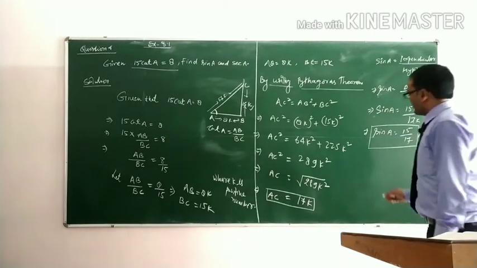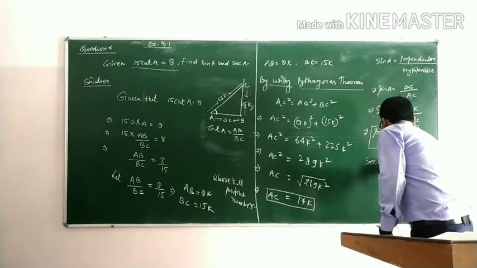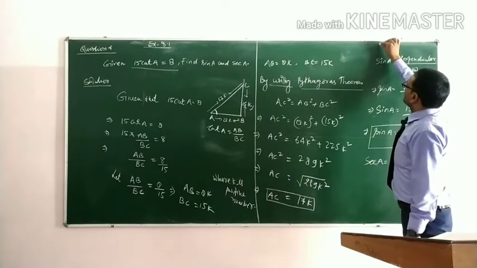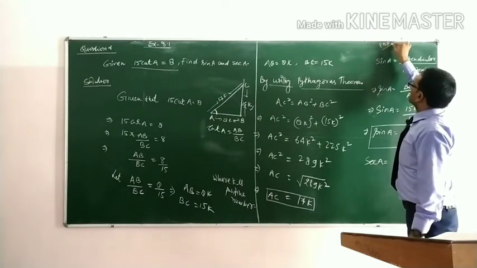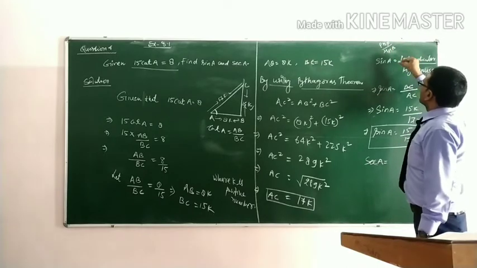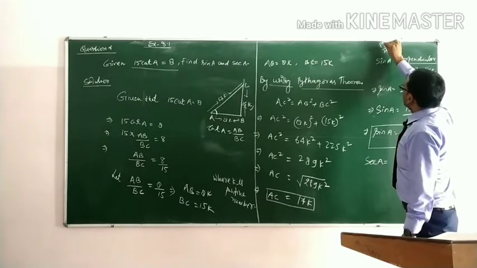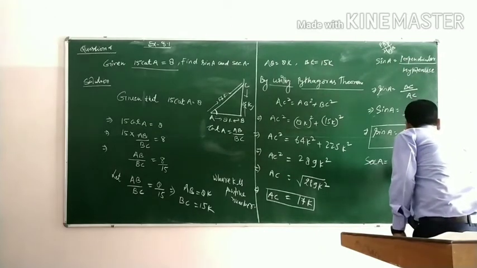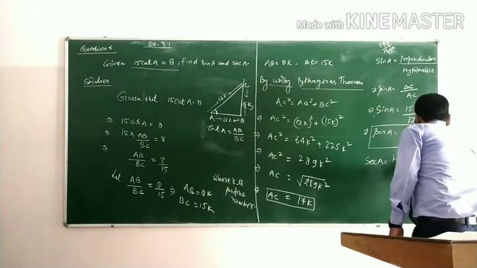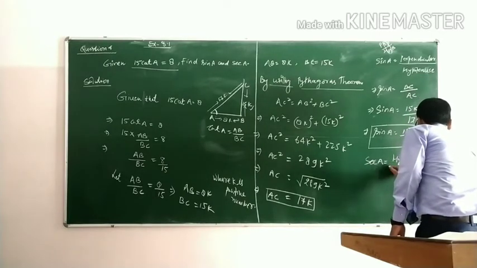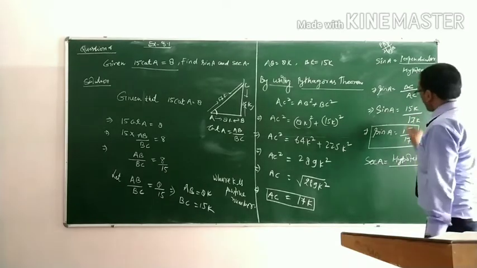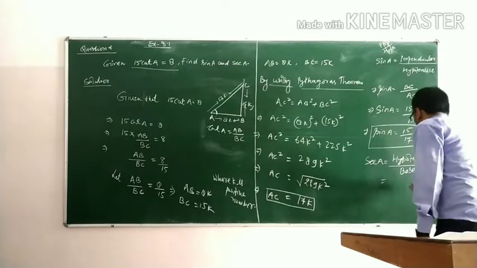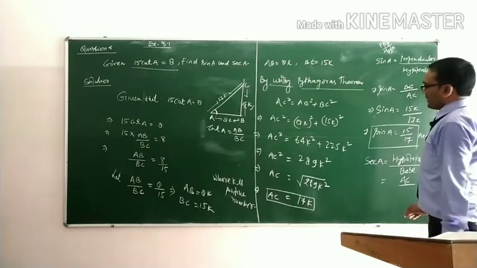Again we find sec A. Here student, sec A is the reciprocal of cos A, that means hypotenuse upon base, which equals AC upon AB.